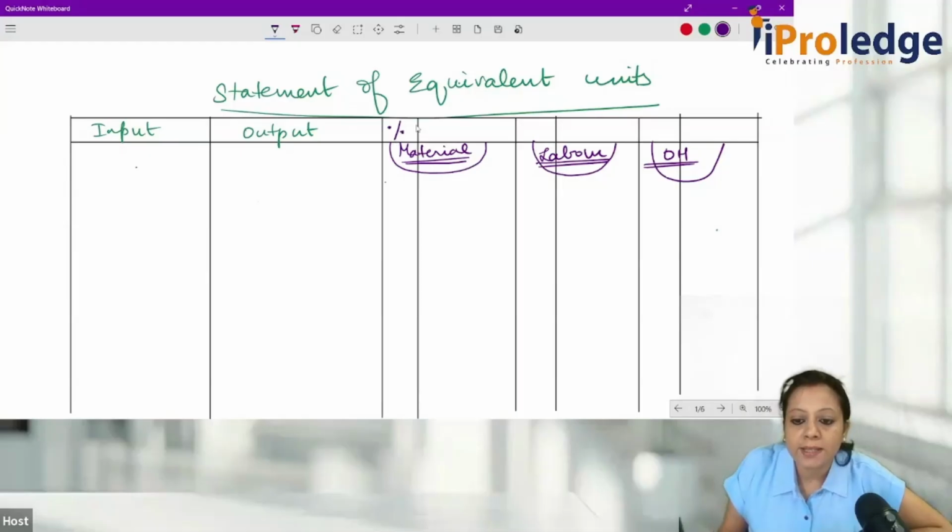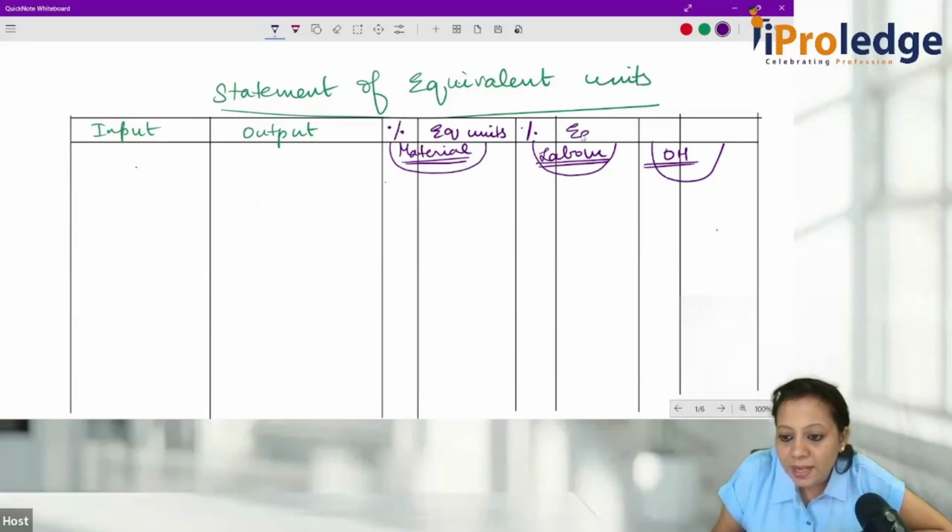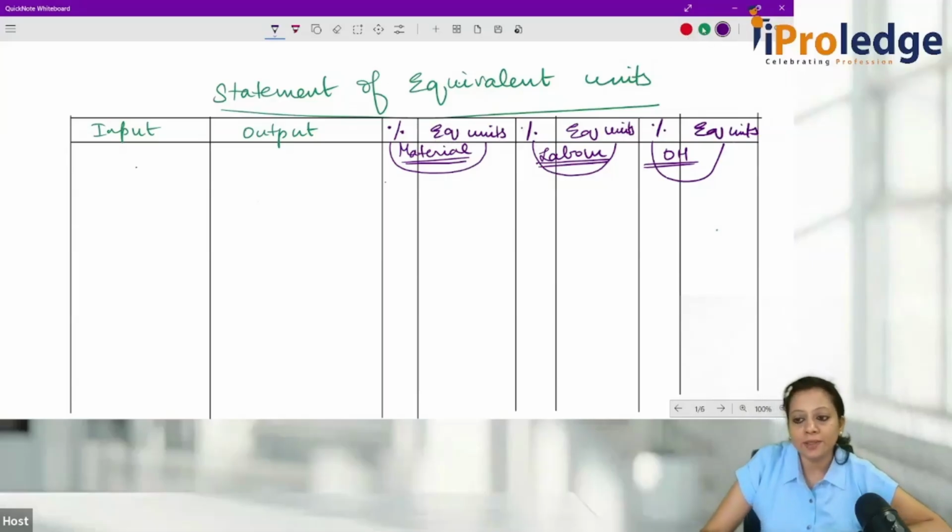So this is percentage of completion, and this is equivalent units. So two columns for material, labor and overheads each. One is for percentage, one is for units. Okay.